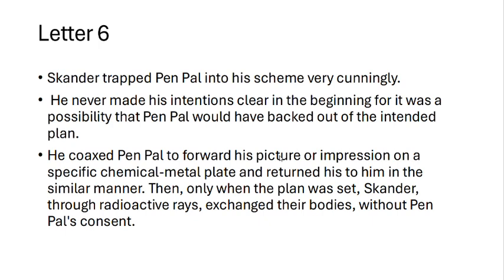As I have earlier told you, students, this alien Skander did not want to reveal his intentions, his ambitions that could make the pen pal withdraw his candidature. Now he coaxed the pen pal to forward his picture or impression on a specific chemical metal plate.